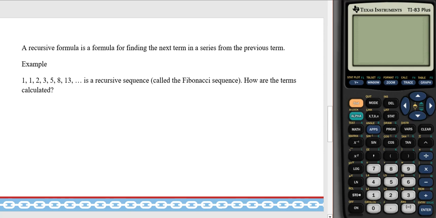So looking here, we have 1, 1, 2, 3, 5. It's a little tricky because the first two digits are the same, and then it's a +1, and then another +1, and then a +2.